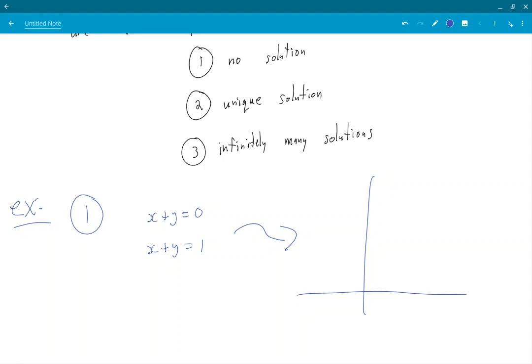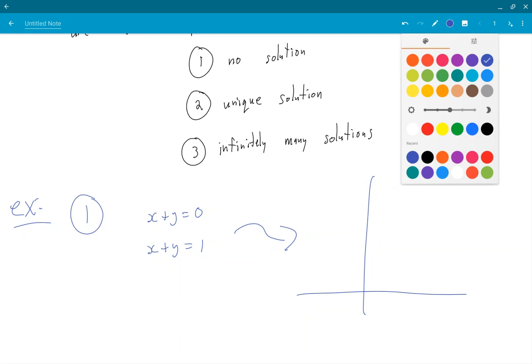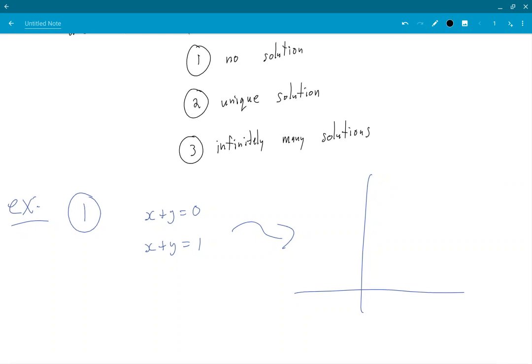You get a line going like this. And then at 1, you get another line going parallel. Okay, so there's no intersection, right? Here you can see it, x plus y can't be 0 and 1 at the same time.